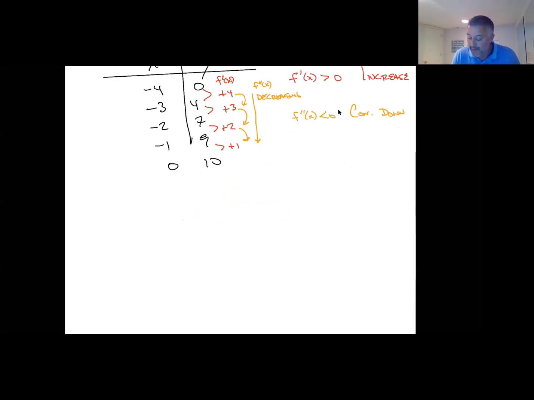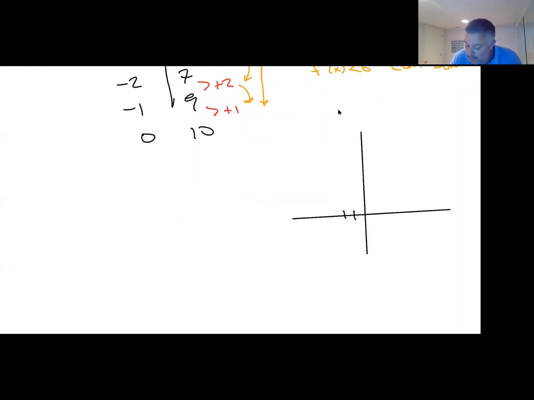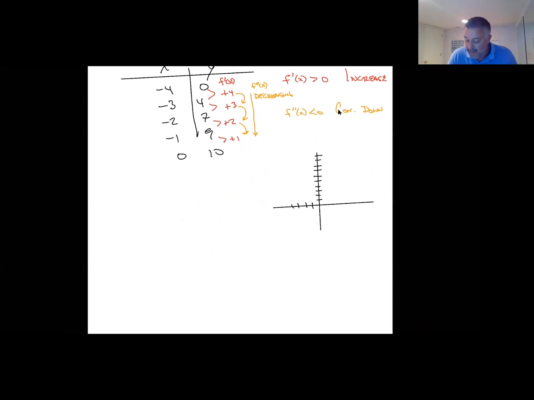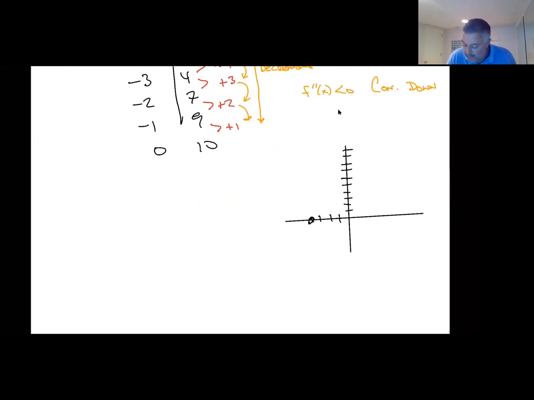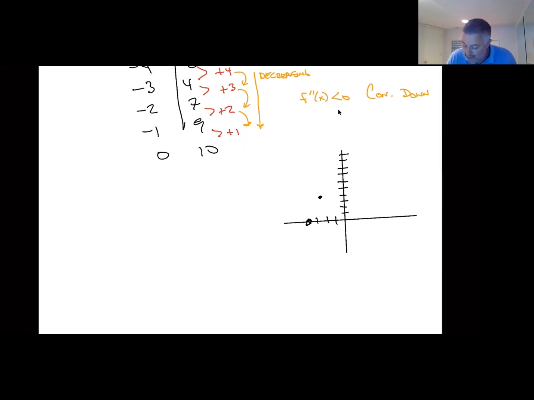It's quite easy to plot these points. It's not as easy to plot them accurately on here, but we'll try it. All right, 1, 2, 3, 4, 1, 2, 3, 4, 5, 6, 7, 8, 9, 10. At -4, I'm at 0. At -3, I'm at 4. At -2, I'm at 7.